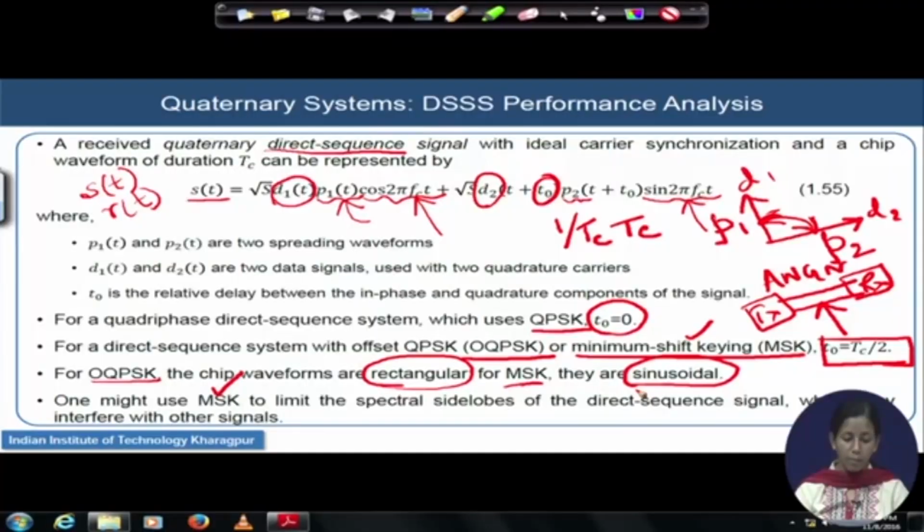The main plus points we have already discussed in the last 3 modules, and the advantage of this choice of chip waveform comes from the fact that you will get an extra dB gain on the symbol error probability, because the variance contributed from the interference can be diminished by an amount of around 1 dB, and it also comes with the sinusoidal chip waveform.